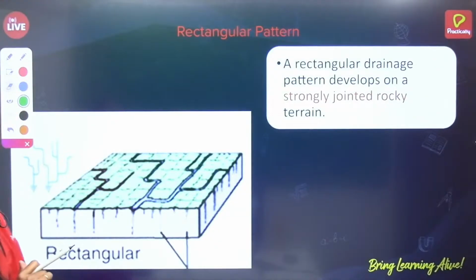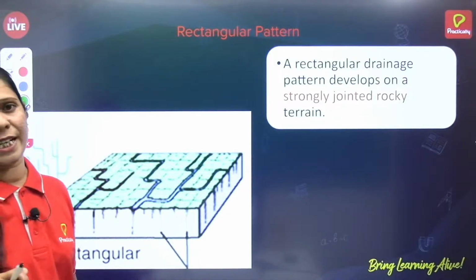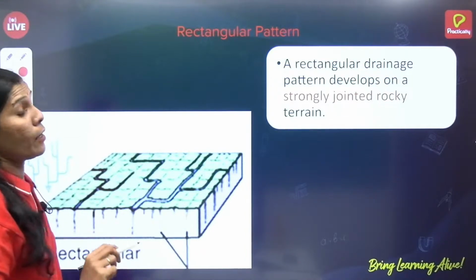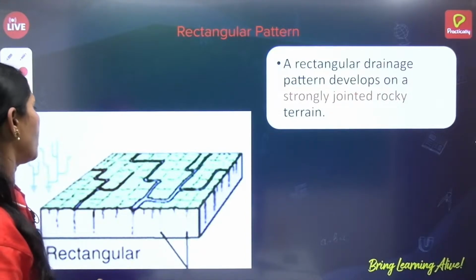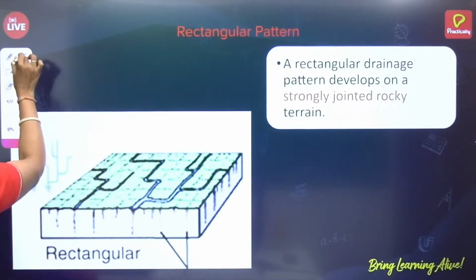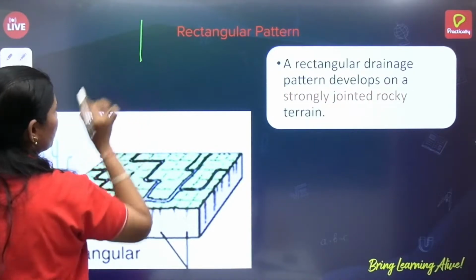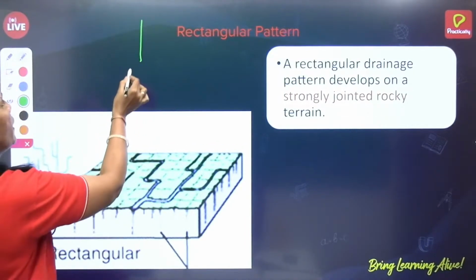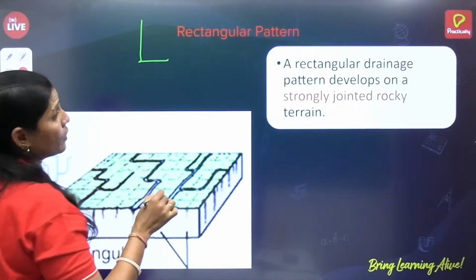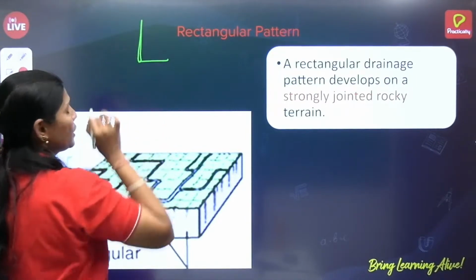Coming to the next one, the rectangular pattern. The rectangular pattern of drainage is developed where there are rocks. When the river flows on its journey and there are rocks in such places, it strongly cuts even the rock-like structure.